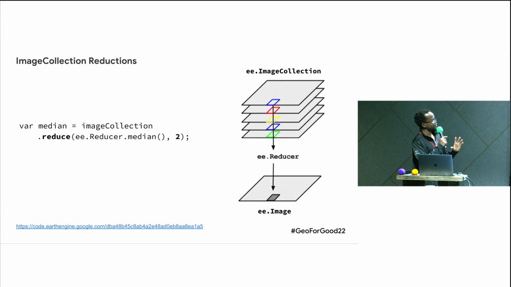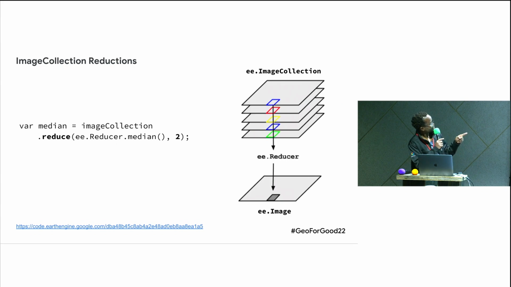So we'll have multiple images, multiple bands. We're collapsing those images into a single image that has multiple bands, and each of those bands at a single location tells you the median of all the pixels we saw for that band across all images.